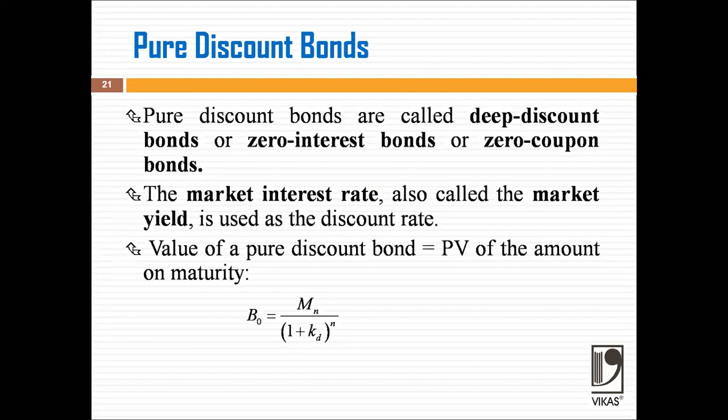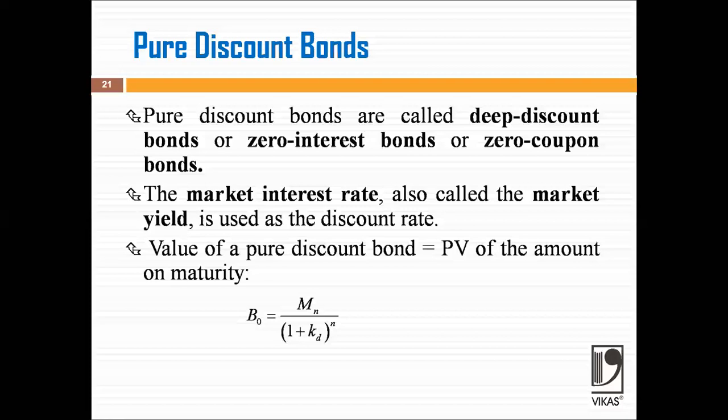It has many names: deep discount bond, zero interest bond, zero coupon bond, pure discount bond, and so on. The market interest rate, also called market yield, is used as a discount rate. So we take the market interest rate as the cost of debt to find its value.